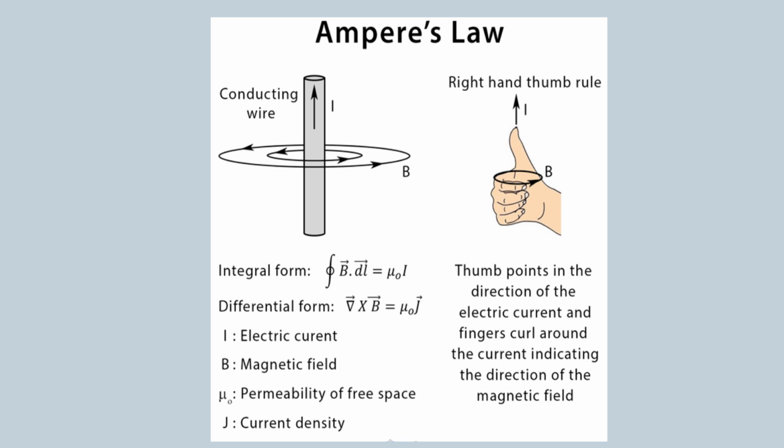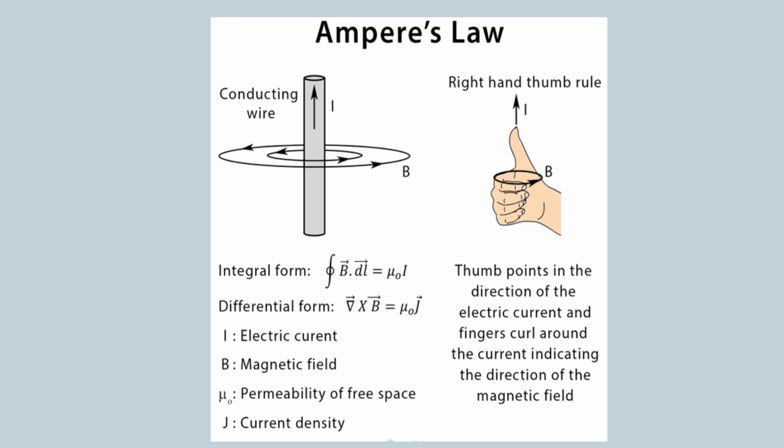In its discrete form, Ampere's law states that for any closed path, the sum of the length elements times the magnetic field in the direction of the length elements is equal to the permeability times the electric current enclosed in the loop. Ampere's law can be expressed in both integral and differential form.